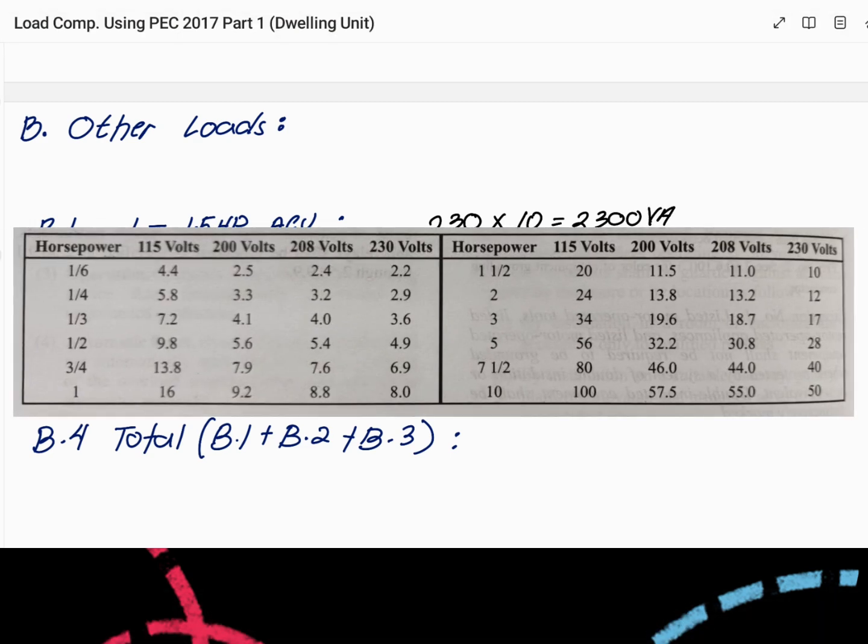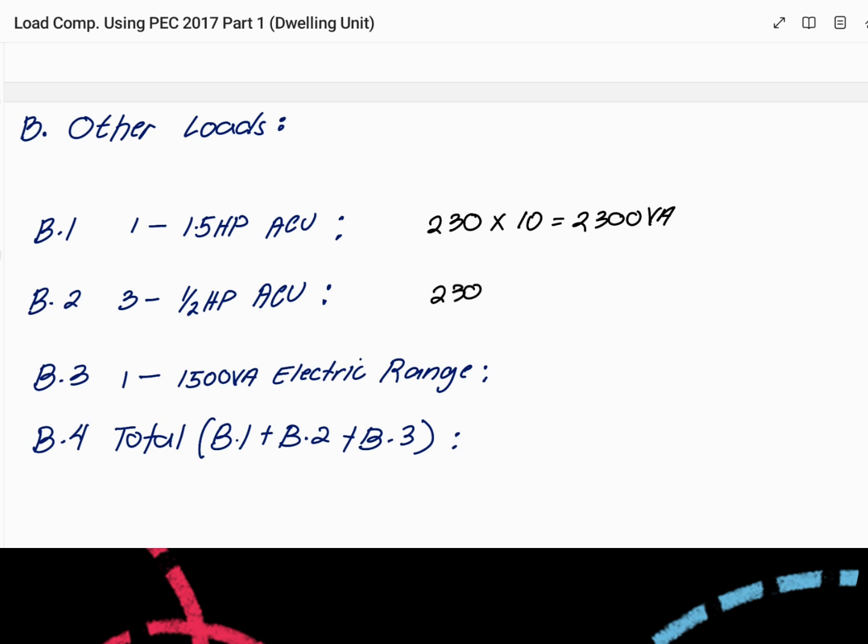Next, for the 1/2 HP, it has 4.9 amperes. So, we will multiply that to 230 volts. We will get 1,127 volt amperes. Then multiply to 3 units. So times 3, we will get a total of 3,381 VA.